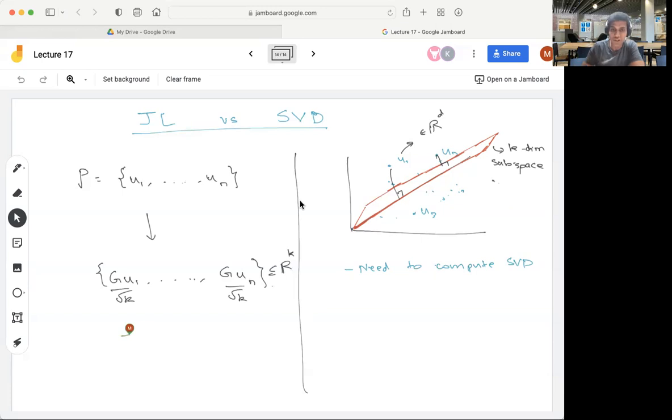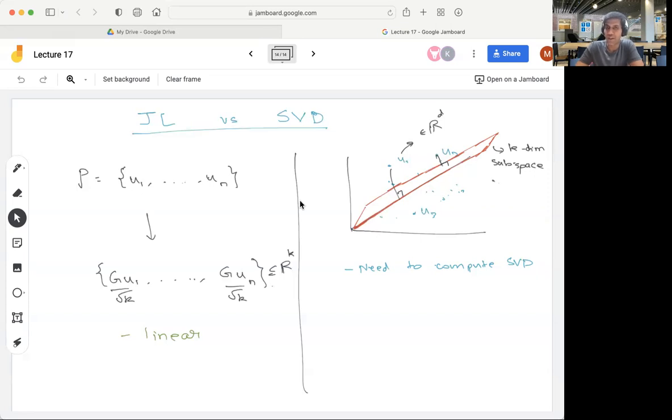One interesting and important difference is that the dimension reduction in Johnson-Lindenstrauss is linear. We just chose a matrix G, and the new data set we got was just obtained by a linear transformation of the old data set. That's not necessarily true for SVD. We are doing a projection to a subspace, but the subspace also depends on the data.